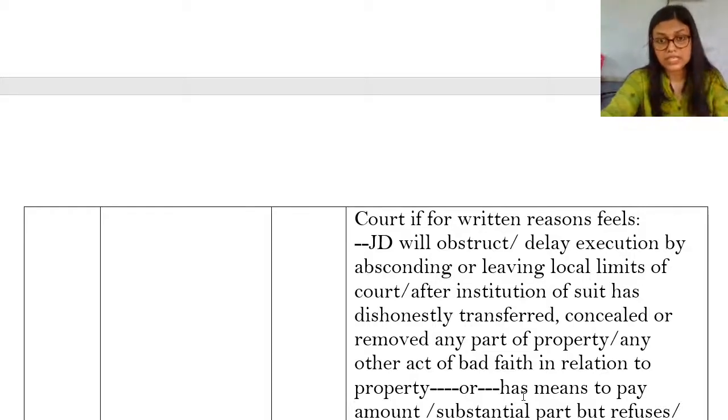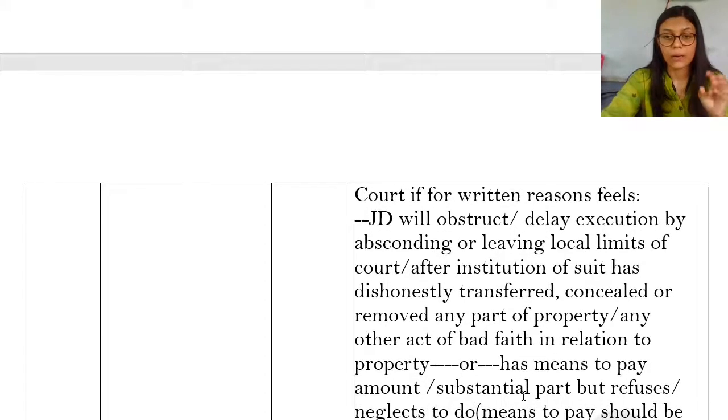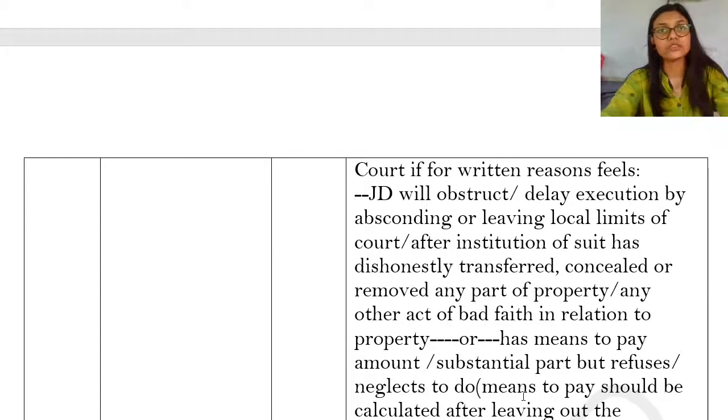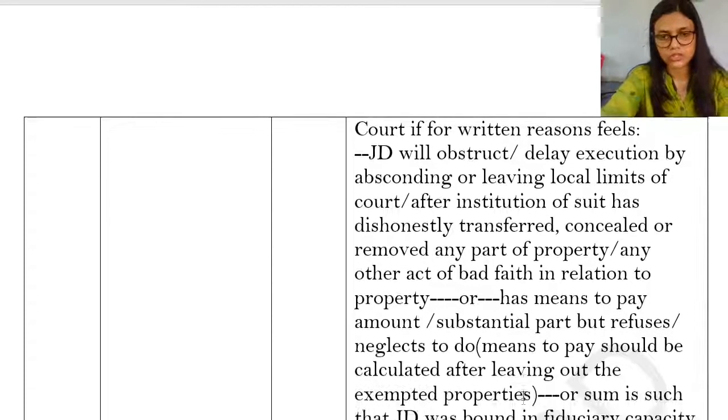Or apart from this, he does have the means to pay the entire amount or a substantial part of the amount, but he is refusing or neglecting to do so, or the sum was such that the JD was bound in a fiduciary capacity to account for. In those cases, you can go for the mode of arrest and detention. I hope this is also clear.